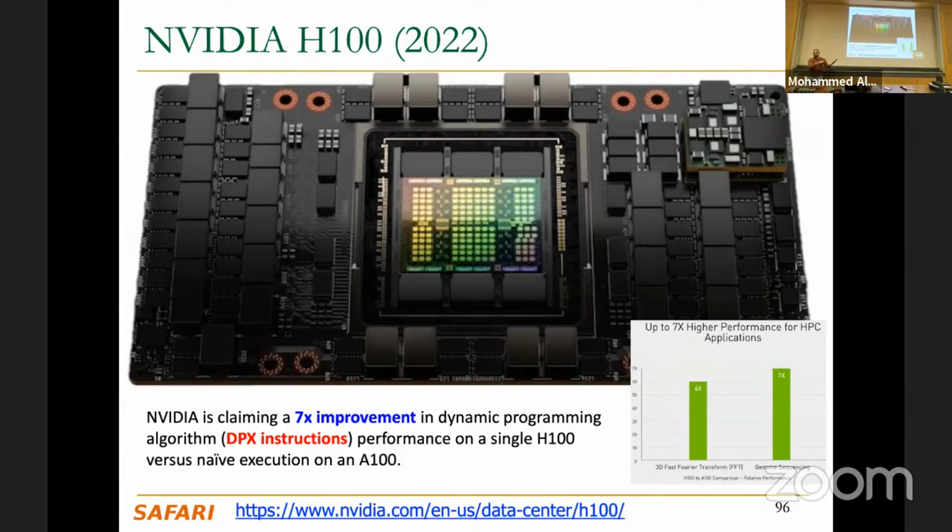What they have in this card is a specialized core just to perform dynamic programming, to do one of the most time-consuming steps in genomics, which is sequence alignment. And you can see a 7x improvement just because of the specialization. So you can think about the future of genomics, with all these big companies moving towards specialization as we have in machine learning, AI, and so on.